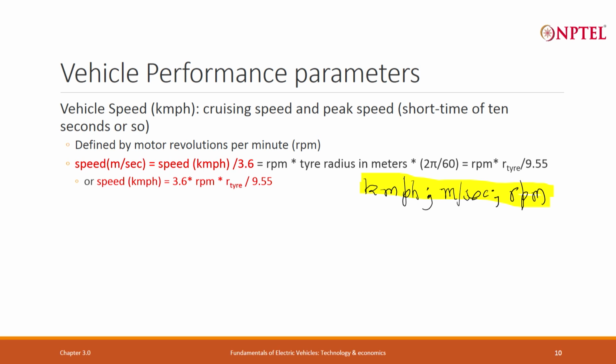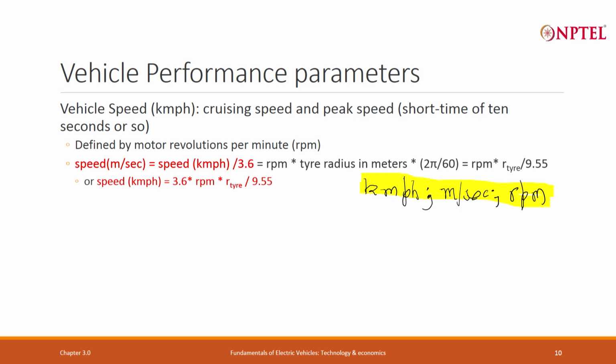If you convert kilometer per hour to meter per second, speed is divided by 3.6, because a kilometer is 1000 meters and an hour is 3600 seconds. So, 1000 by 3600 seconds means kilometer per hour divided by 3.6, and that is meter per second.